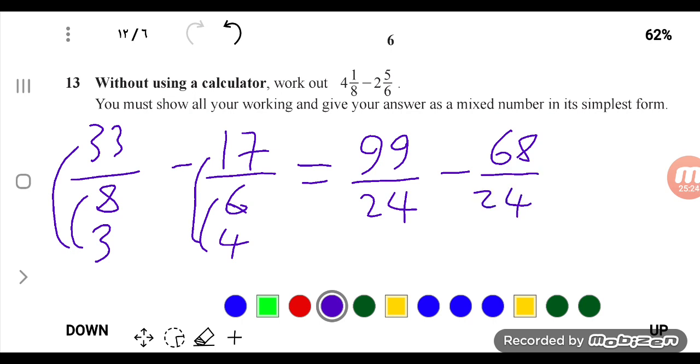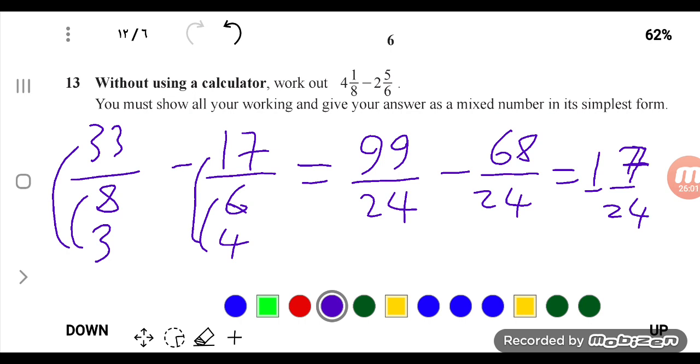Now if you subtract and simplify, you get the final result: 1 and 7 over 24. Okay, and that's the whole work. You can do these on the calculator, and then the mixed number also on the calculator. There is no problem because this is the work that you have to show.